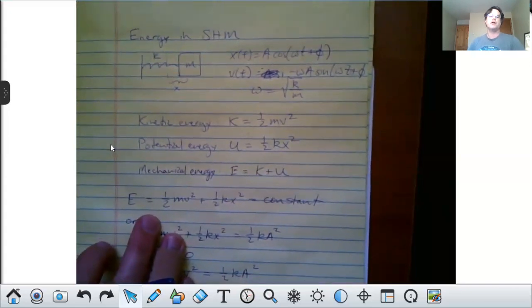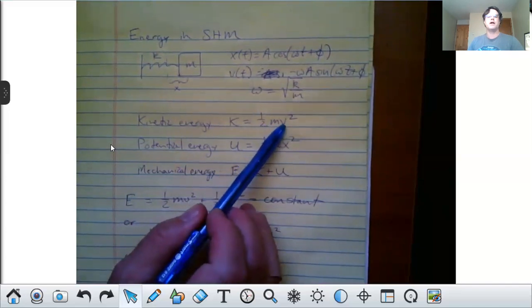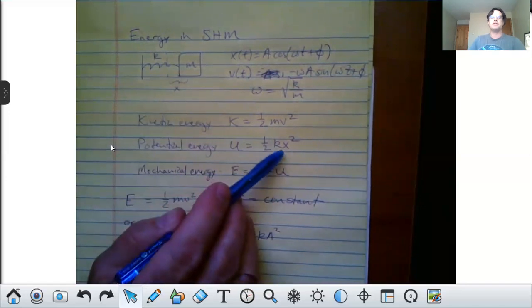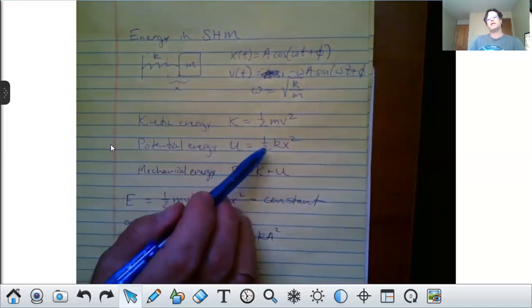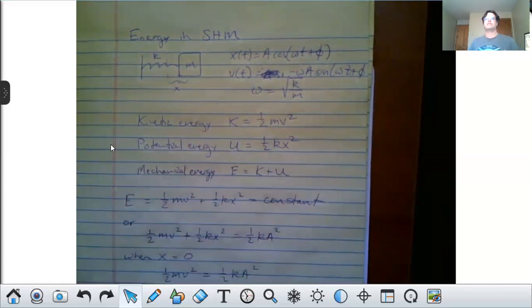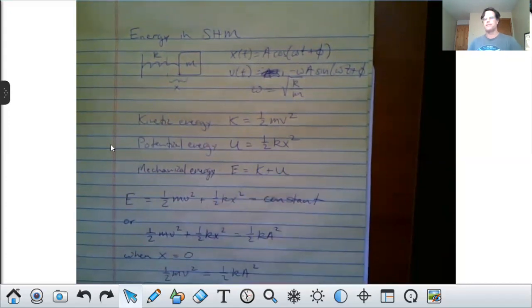So first of all, we recall that kinetic energy is given by 1/2 mass times velocity squared. And for a spring that's stretched by a distance x, the potential energy is 1/2 kx squared. And again, that came back in Physics 221 when we talked about work and energy. We were able to find the potential energy for a spring.